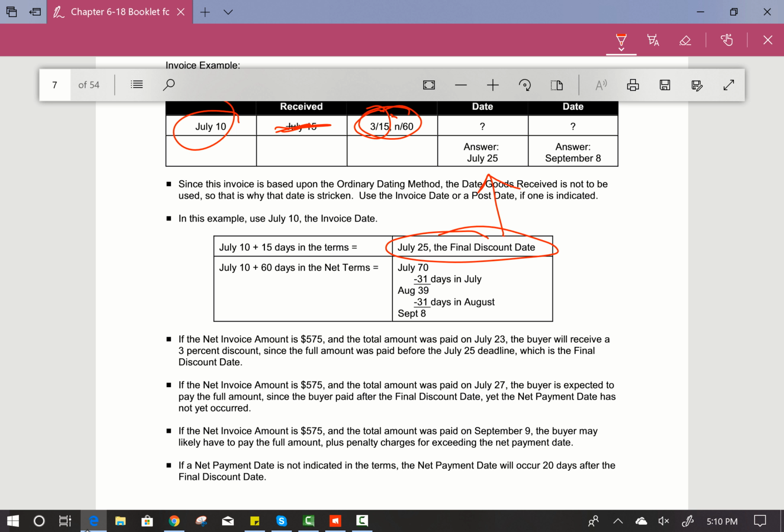And there's your answer right there. Then I'm going to go back to July the 10th and find out what the 60th day is. What's 60 days from July the 10th? If I add those two together, July the 10th plus 60 days equals July the 70th. Obviously July 70th does not exist.